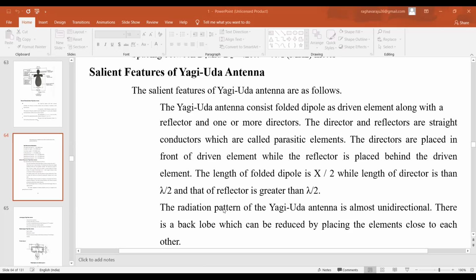The directors are placed in front of the driven element while the reflector is placed behind the driven element. The length of the dipole is L by 2 while the length is greater than lambda.